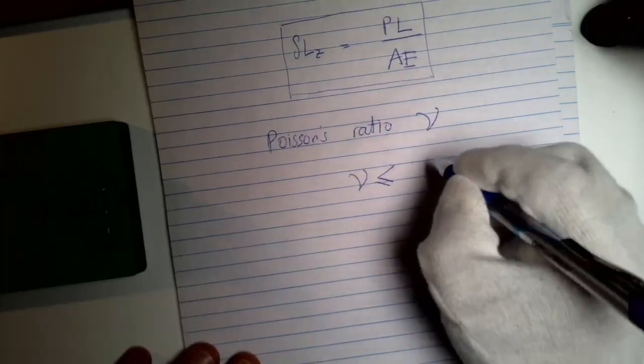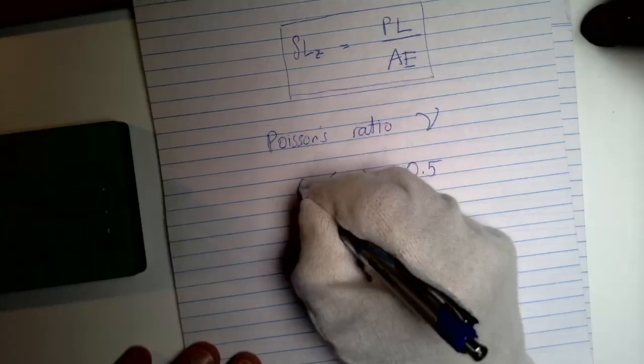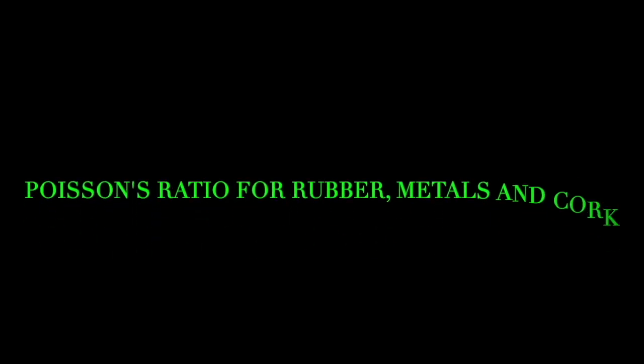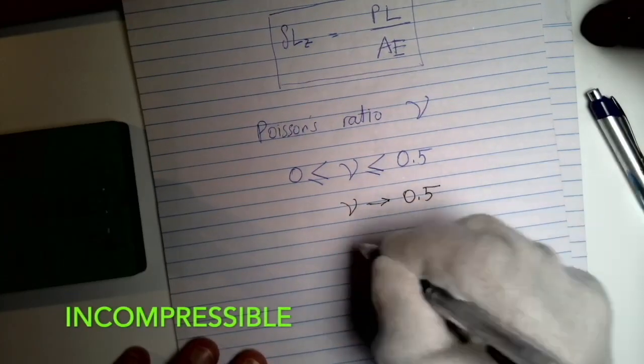Poisson ratio varies between 0.5 and 0. 0.5 is the maximum value, where the material is incompressible.